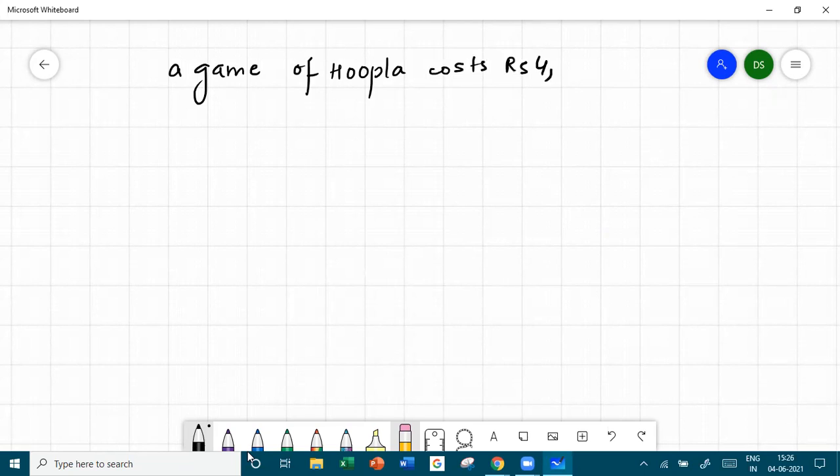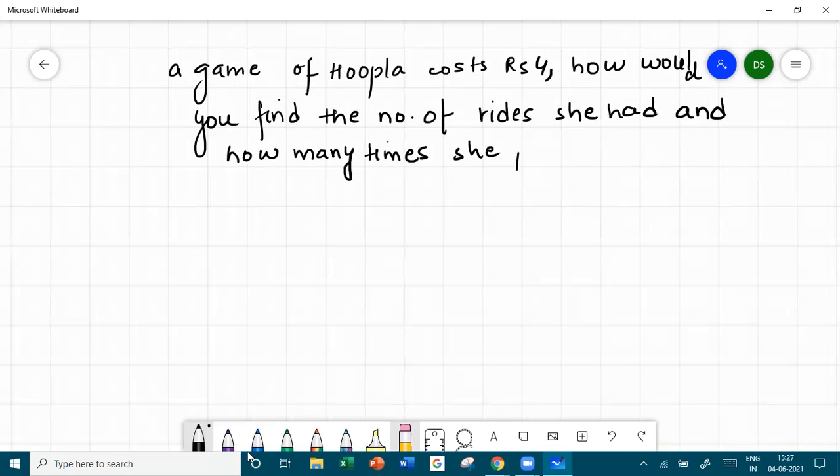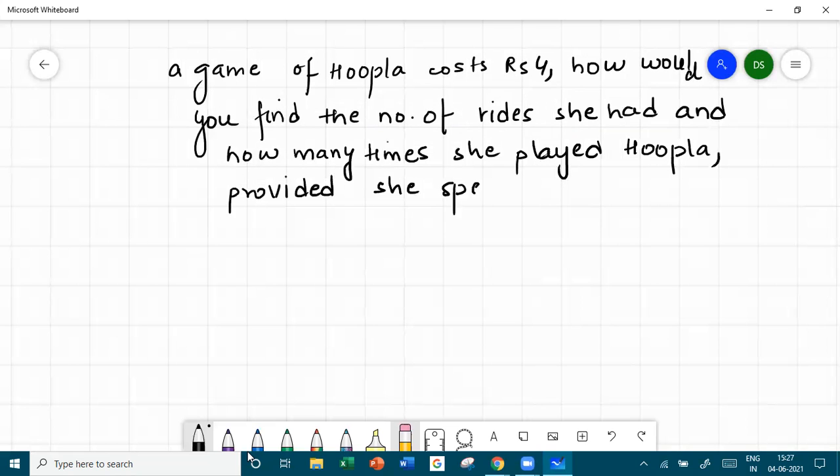So after that, you need to find the number of rides she had and how many times she played hoopla, provided. Okay, so this is the missing information.